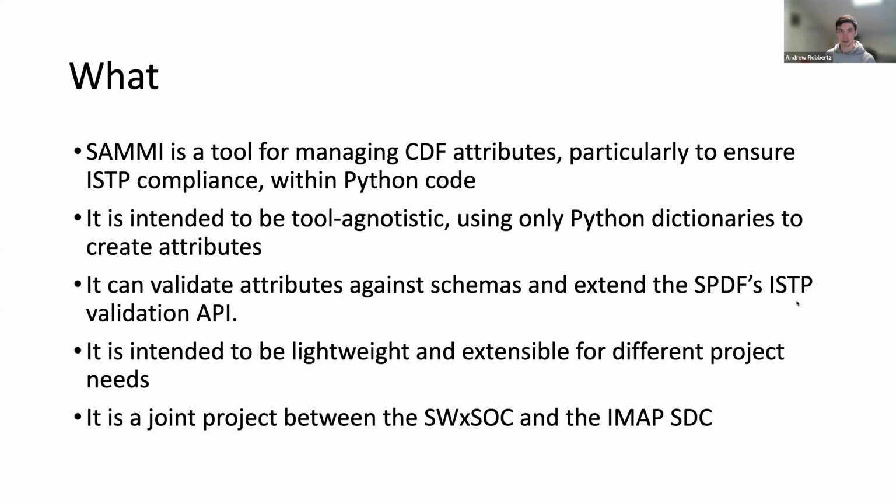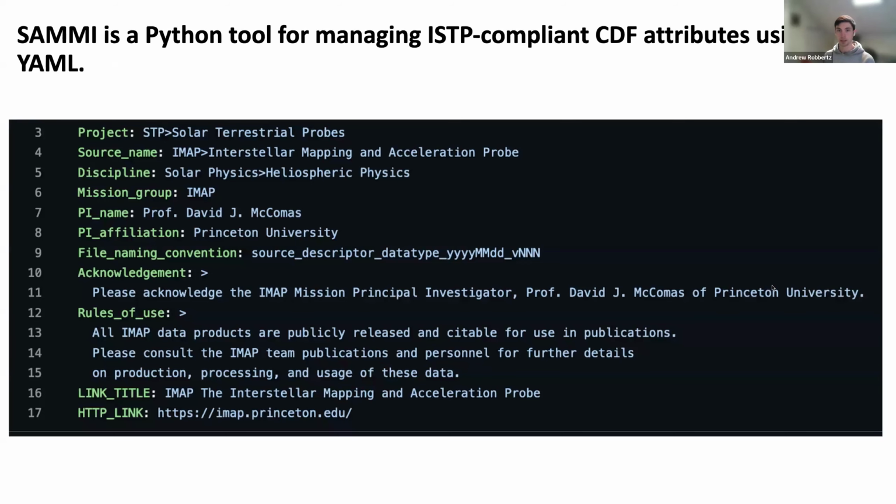Next slide. So this is an example of one template of a set of global attributes for IMAP. I think it might make sense to go through some more examples of this later, Maxine, like we did last time. But here, this is just key value options of global metadata attributes that should apply to all IMAP data products.